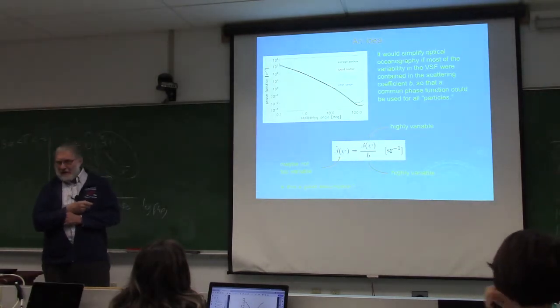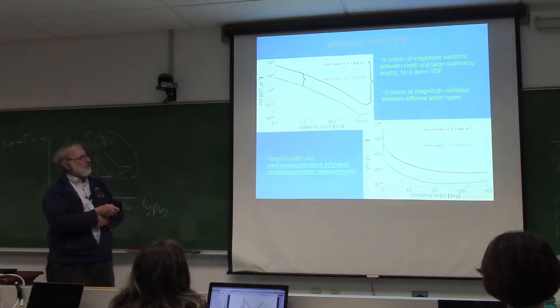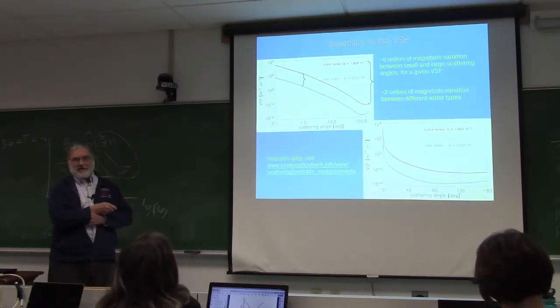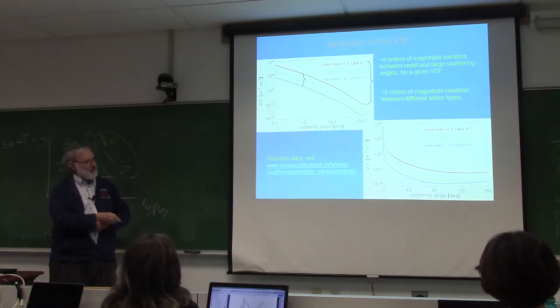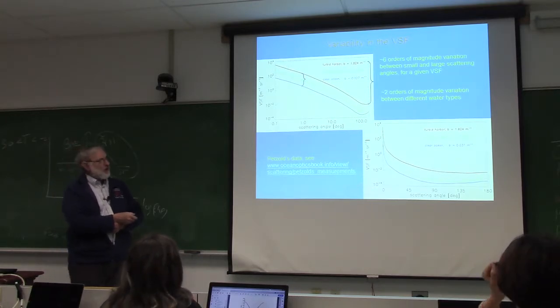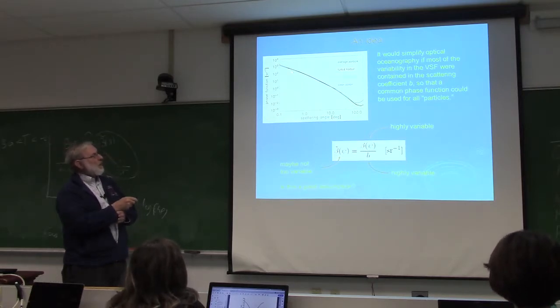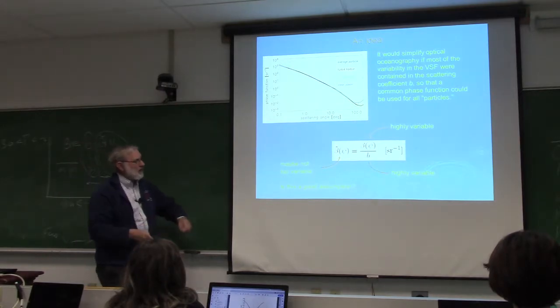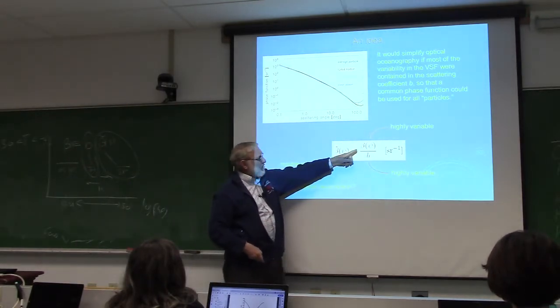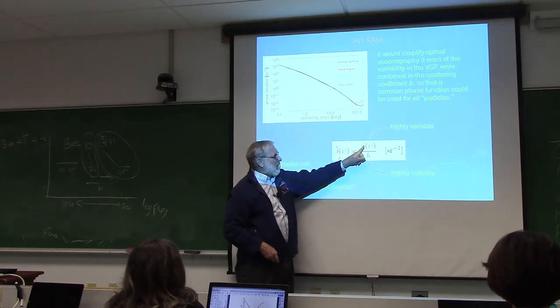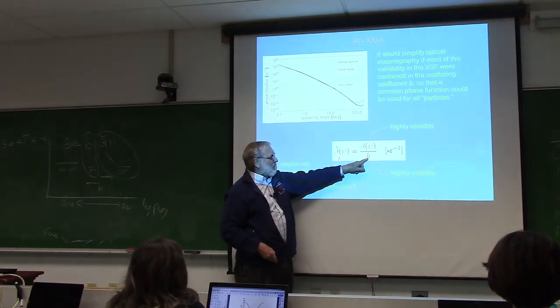Now, the idea came along after people looked at these curves and said, these have pretty much the same shape. They just have different magnitudes. So it would be really nice if I could take the average shape. I'll take each of those curves and divide by their scattering coefficients.